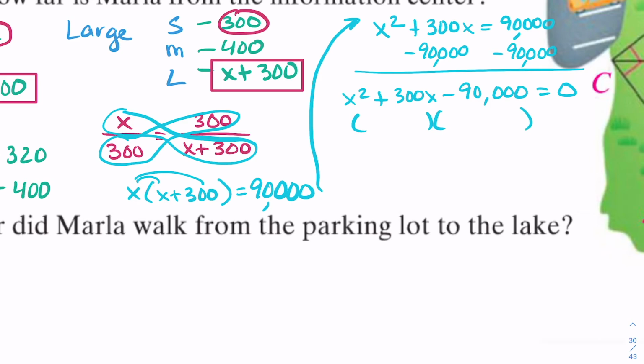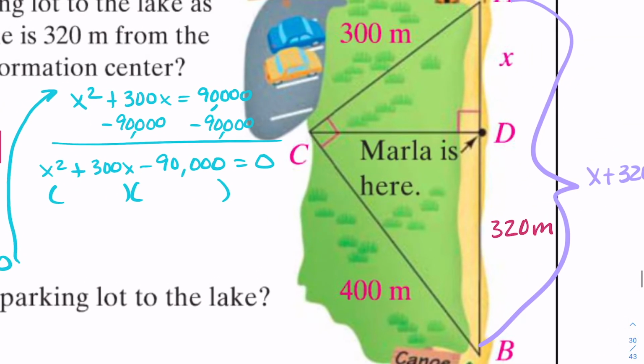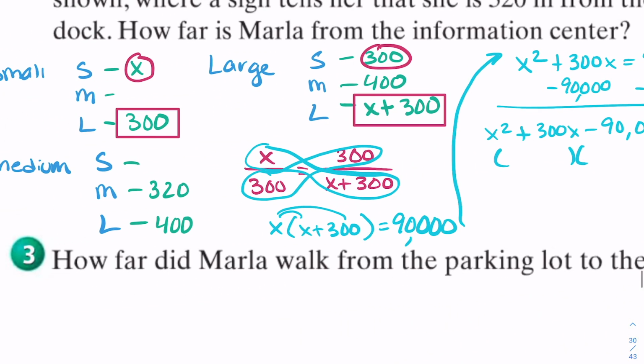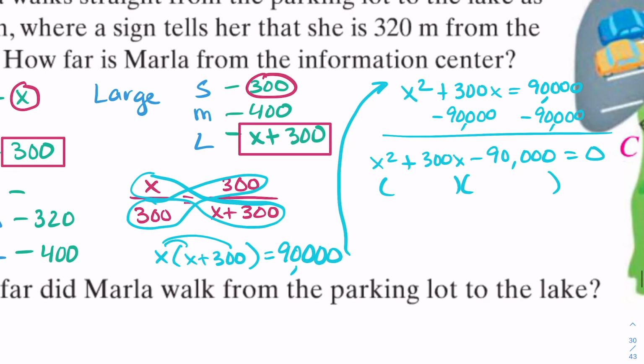And I can factor this, and let me think here. What factors of 300? Wait a minute, I did something incorrect. My bad. This was supposed to be 320. I messed up here. So let me change that to 320. I was going to say, because I don't think this factors well. I'm going to change that to 320.